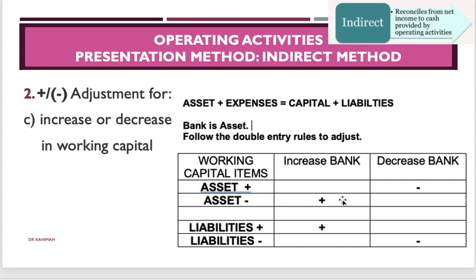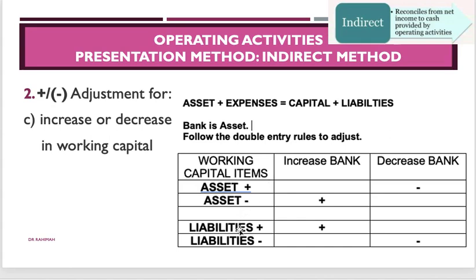So this less and plus will be involved when you calculate cash flow, whether you have to add or deduct. Let's say it is a liability, trade payable is a liability. If your trade payable increases, because trade payable is here, your bank asset is here. When they are in different houses, they must move in the same direction so that it will balance, because they are on opposite sides, so they must have the same direction.